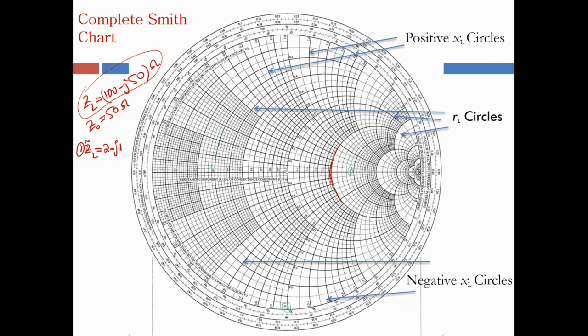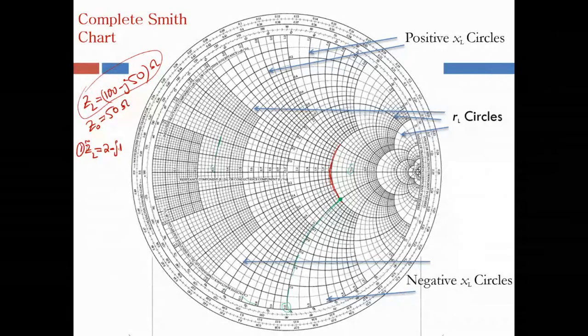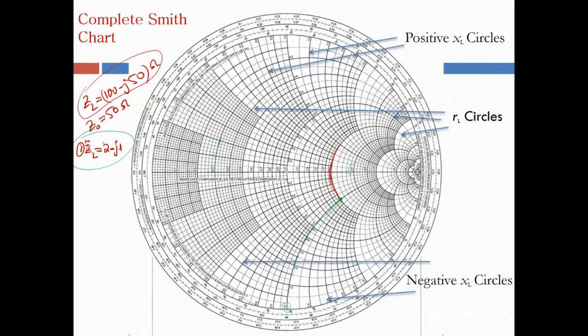Going this way the circles are getting bigger; going to the left the circles are getting smaller. So you need the intersection of 2, the red one, and j minus 1, the green one. You just follow this all the way to here, and the intersection of the red and the green is the location of the normalized load on the Smith chart.